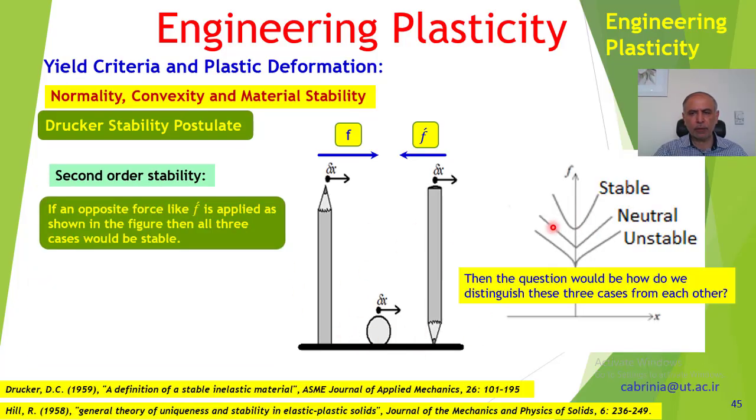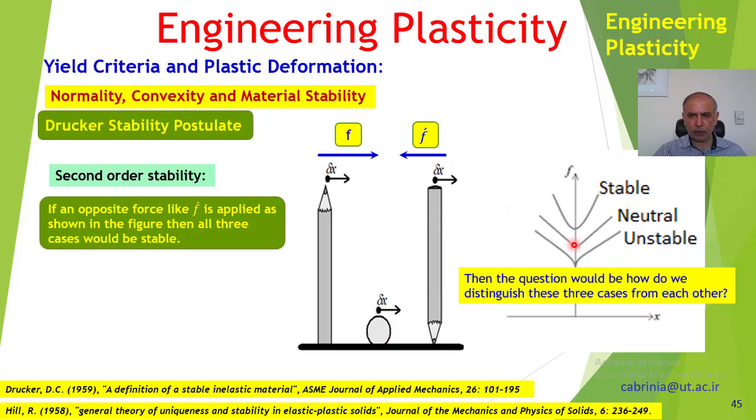Here you can notice that we have the same curve as before, F versus X, but because we have this F prime, the curves become like this. You see, this is the stable case, which as we increase F, we increase X, so F delta X is positive.